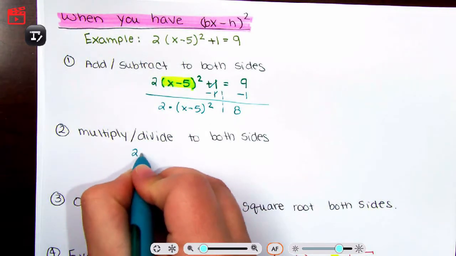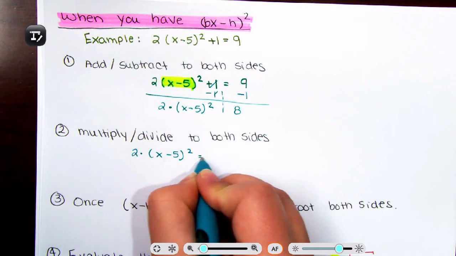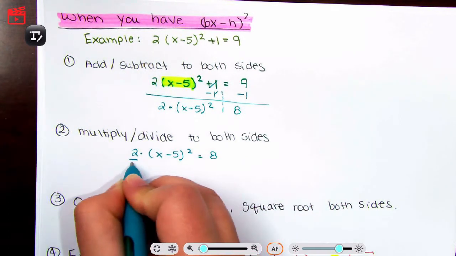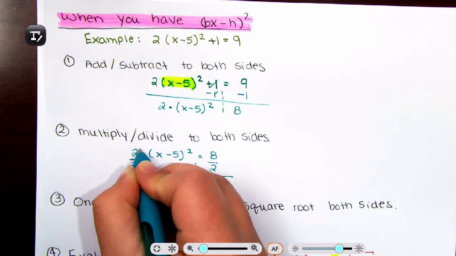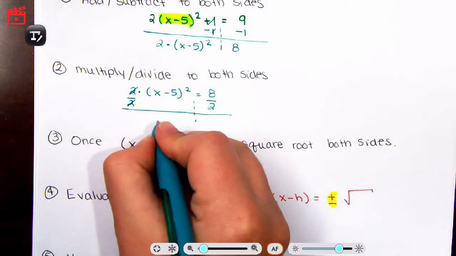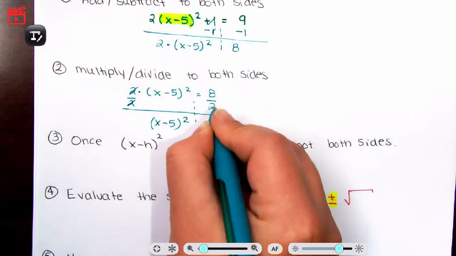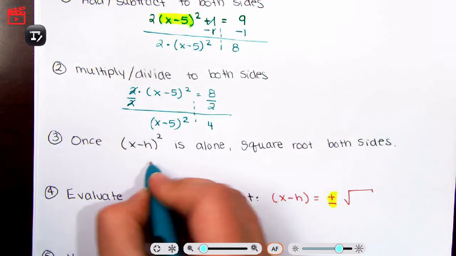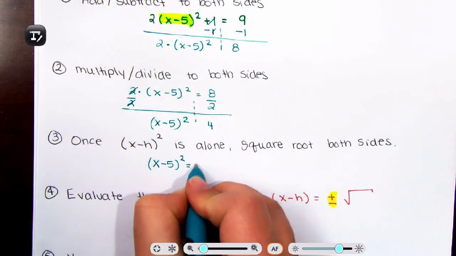Now I'm going to bring that down, and it's asking us to multiply, divide. So undo that. I have multiplication, so I'm going to divide because division is opposite multiplication. 2 divided by 2 is 1, so that goes away. So I'm left over with x minus 5 squared is equal to 8 divided by 2, which is 4. X minus 5 squared is equal to 4.